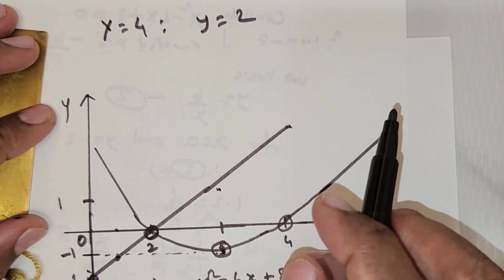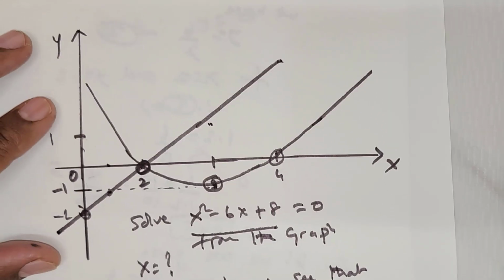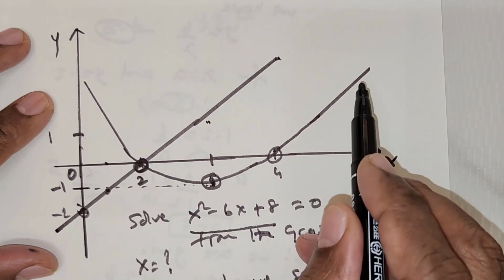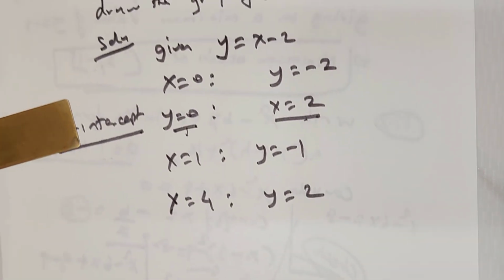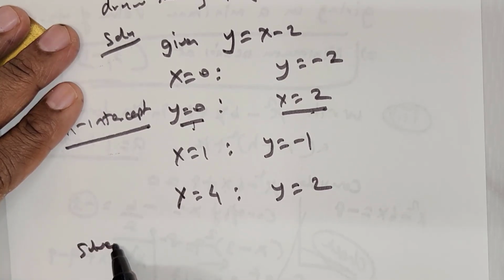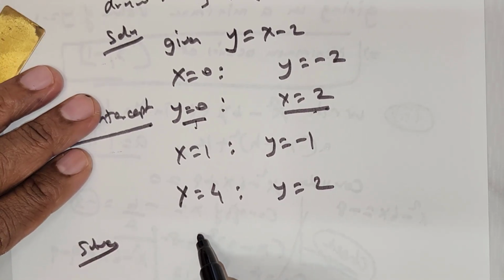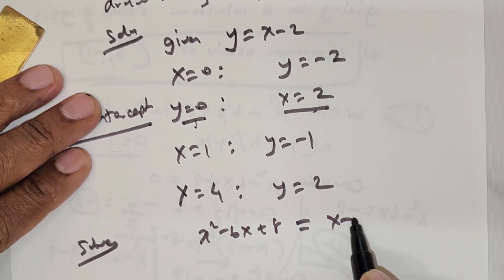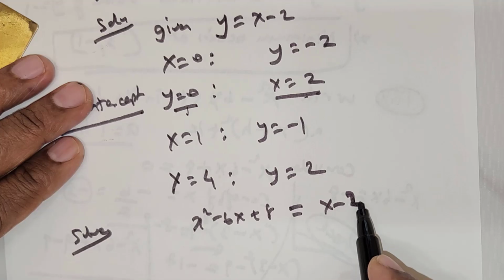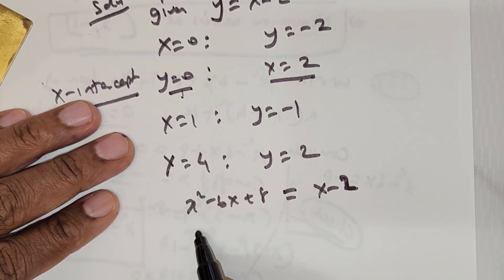Now, the main thing is we will have to find where the intersection of the line and the parabola takes place. So for that, the question also wants us to solve x squared - 6x + 8 is equal to x - 2. So this will give us the intersection.